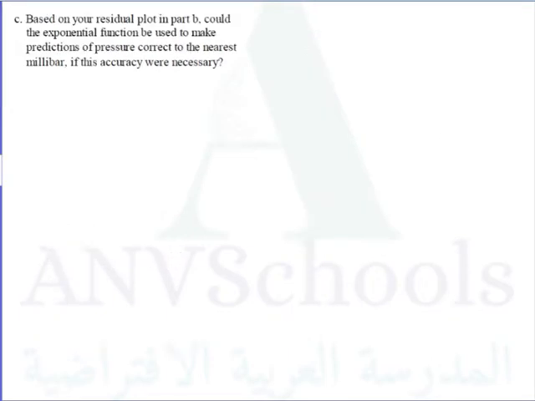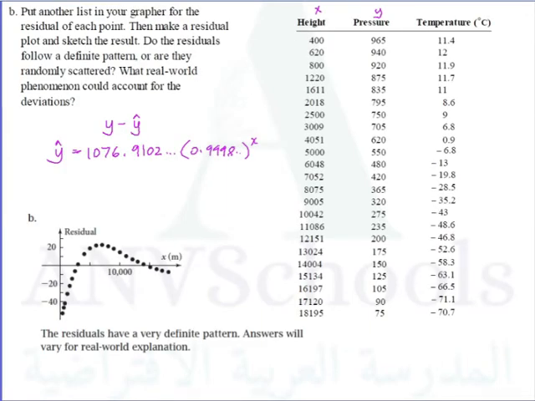Letter C: based on your residual plot in part B, could the exponential function be used to make predictions of pressure correct to the nearest millibar if this accuracy were necessary? So what do we need to get here?